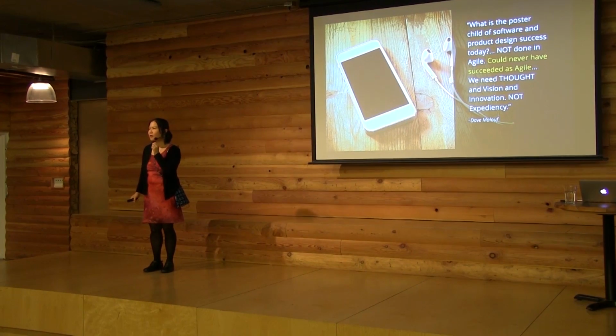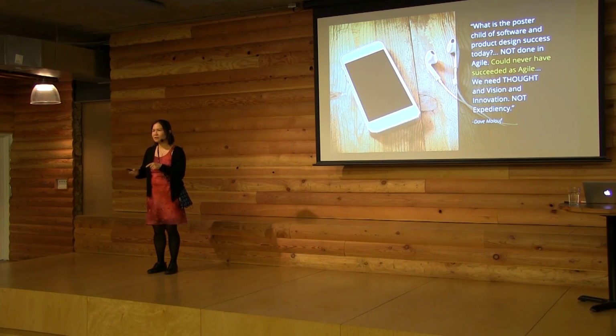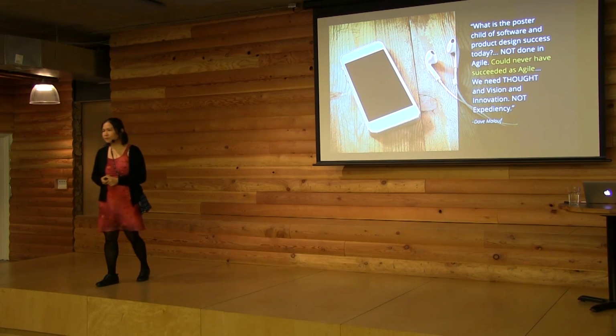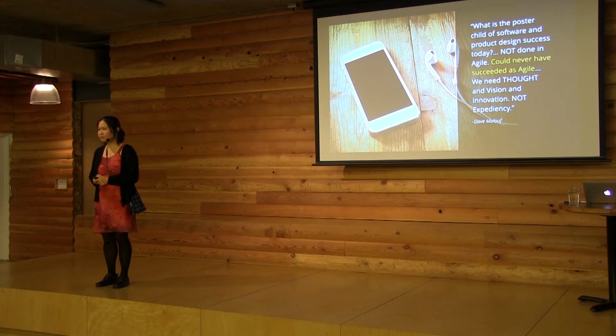Okay, it seems like the logical foundation that we have is that thought and vision is mutually exclusive with expediency, which sounds false to me, because anybody can have thought and vision as well as being expedient.